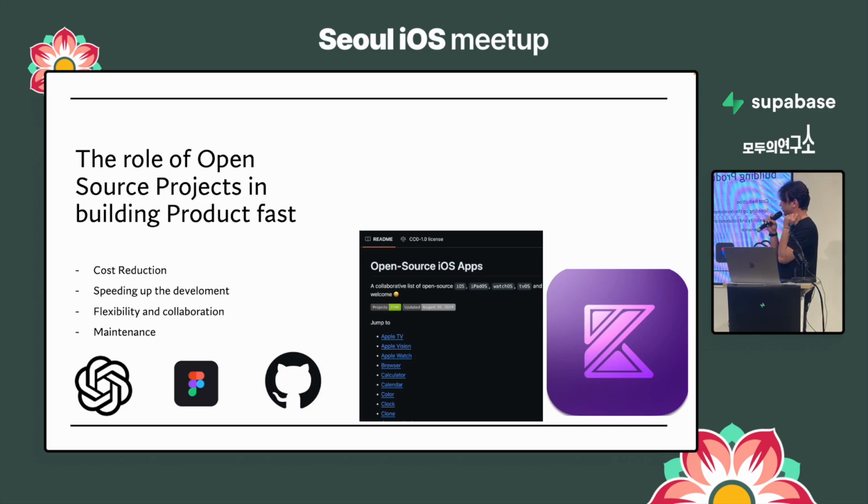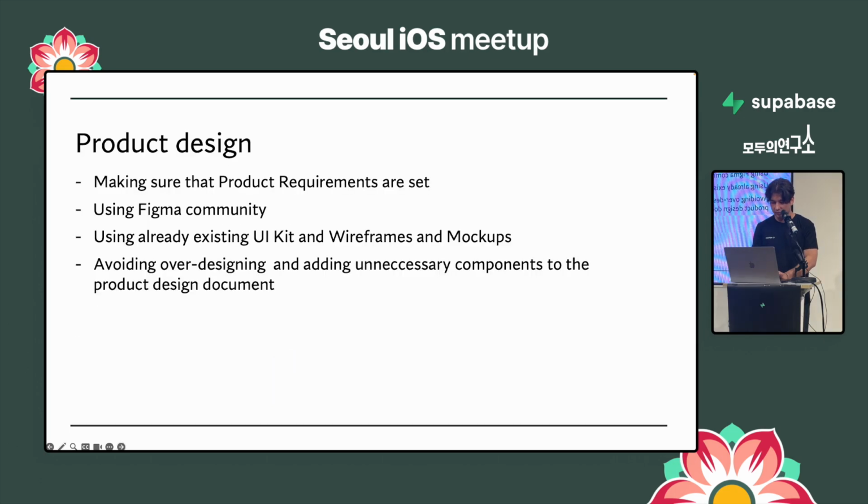And I'm going to use an open source iOS apps collection for using some components in my project. I'm also going to show you how I use pre-made projects from cavsoft.dev.